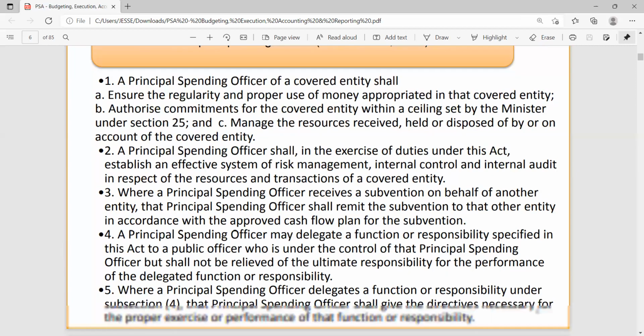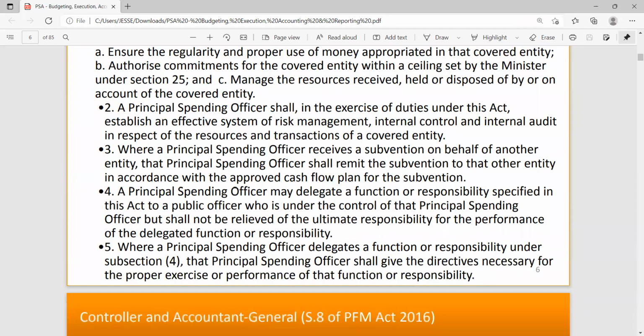Number 4, a principal spending officer may delegate a function or responsibility specified in this act to a public officer who is under the control of that principal spending officer, but shall not be relieved of the ultimate responsibility.